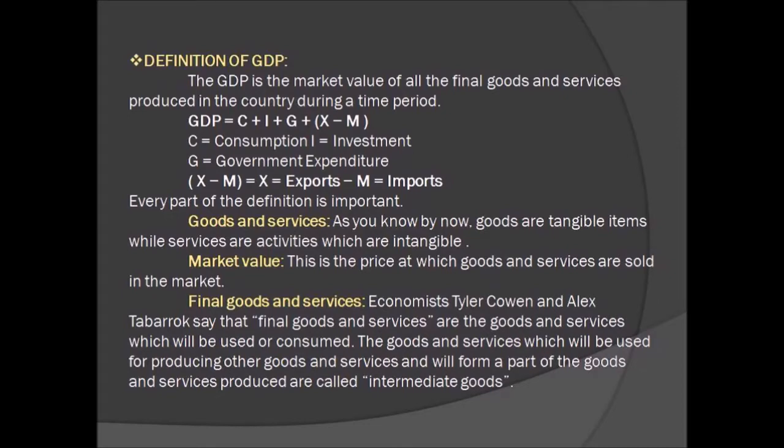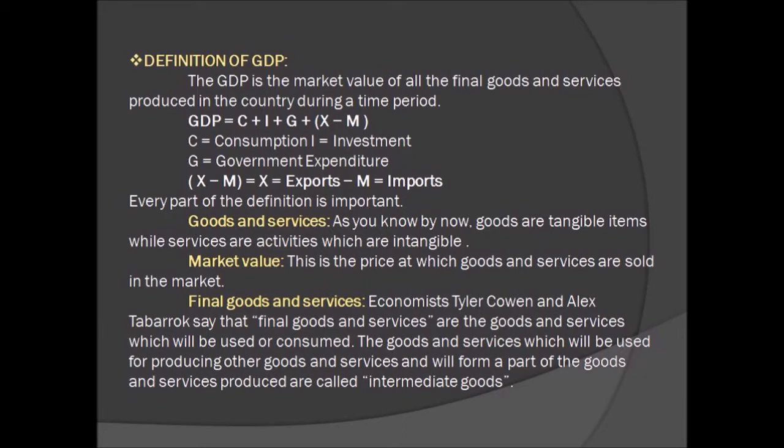And final goods and services. Two famous economists have said that final goods and services are the goods and services which will be used or consumed, that is, the ones used by the final consumer or the customer.